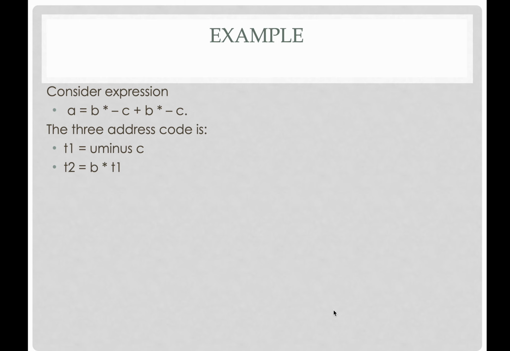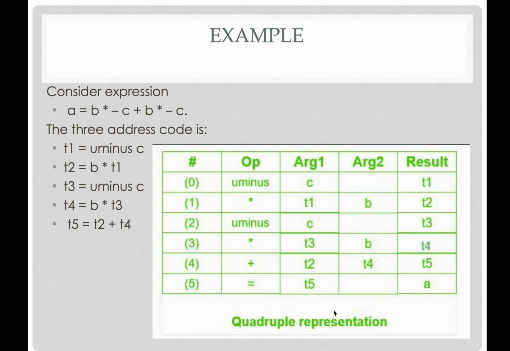Now we are storing unary minus of c into t3, which is on the right side of the plus operator, and we are storing b * t3 into another temporary variable, t4. Finally, t5 is another temporary variable in which t1 + t4 is stored. Finally, the result is assigned to the variable a.